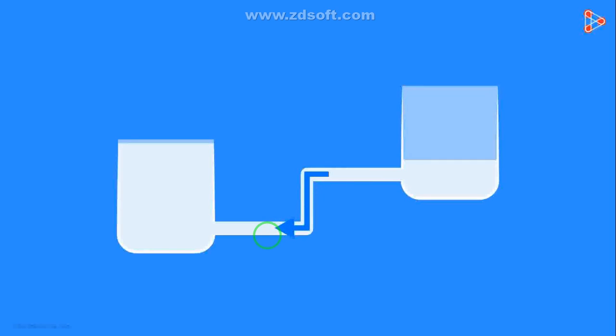From this we can conclude that the water flow is directly proportional to the height.